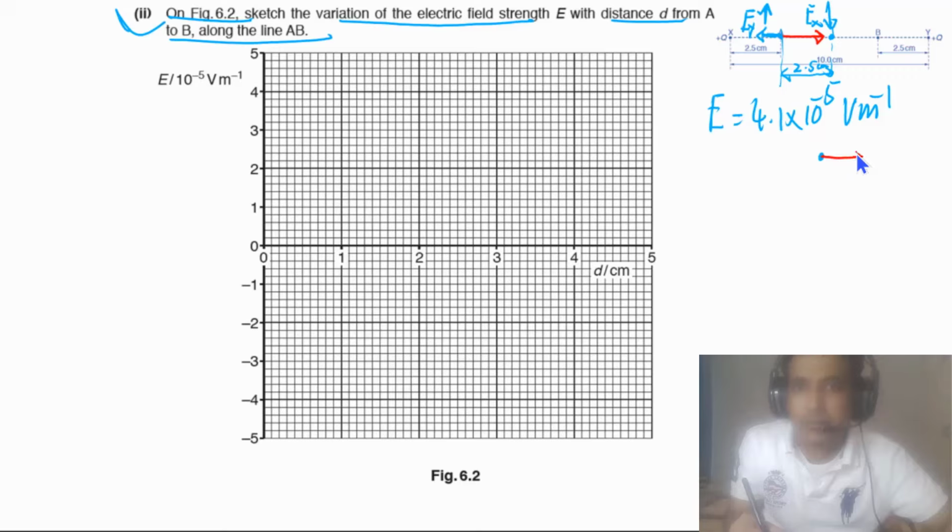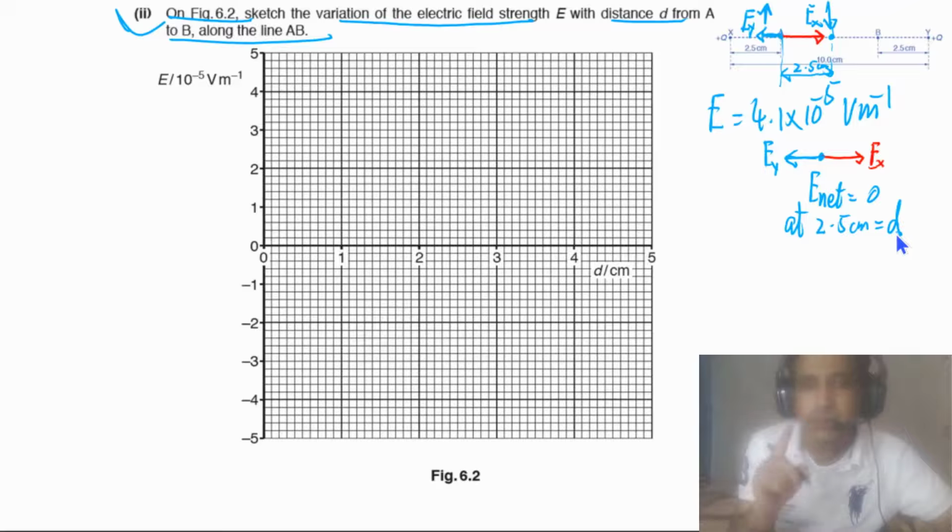They will be equal in magnitude. So EX will be equal to EY in magnitude but in opposite direction. So the net electric field will be 0 at 2.5 centimeters. This is the distance d.